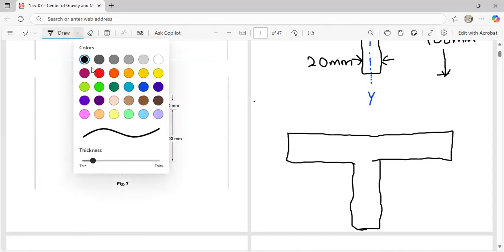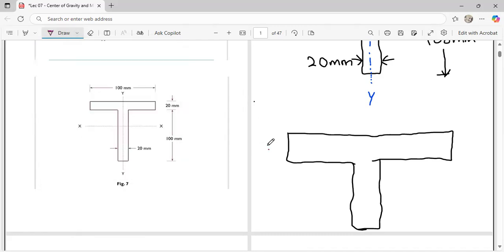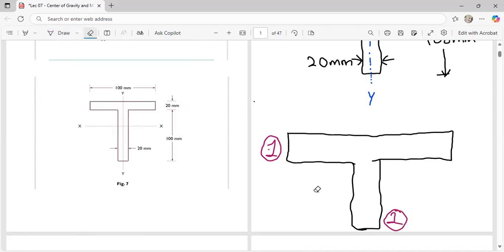Yes. And this wood that we are seeing over here, let's say that this is going to be our part one because it's moving in the x-axis, x first, then y later. And this one is going to be our part two.